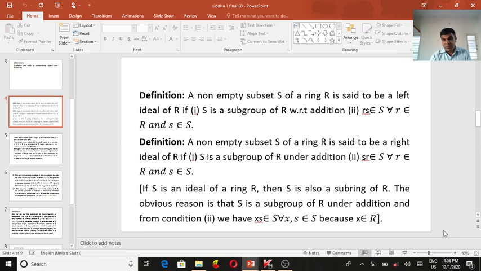It's an ideal. Similarly, here R is a ring and S is a subset of R; I take 3Z as the subset. So 3Z is minus 9, minus 6, minus 3, 0, 3, 6, 9, etc. So S is a subgroup of R under addition. Now I am multiplying.